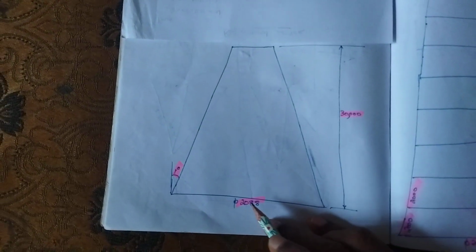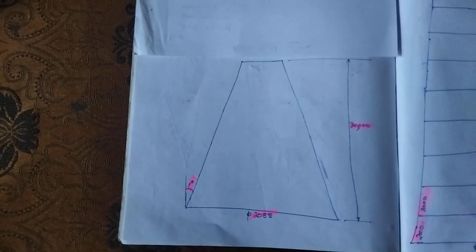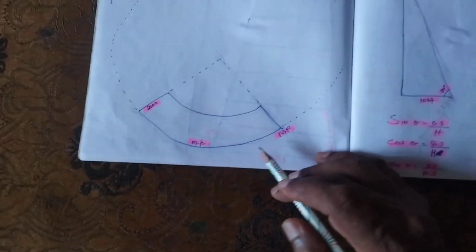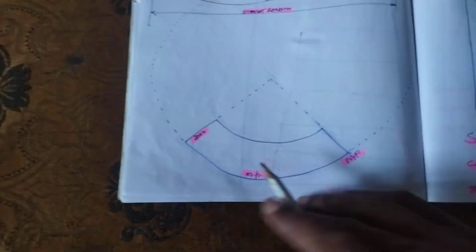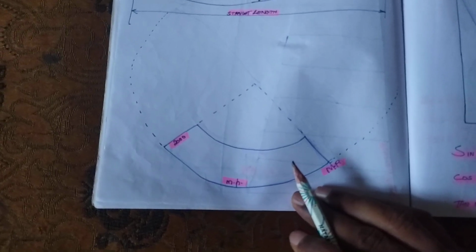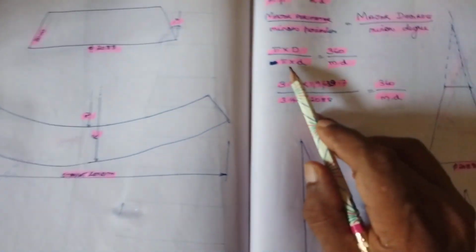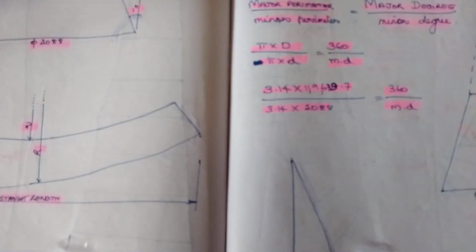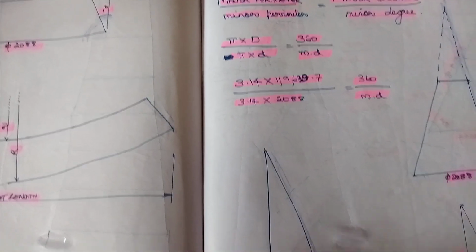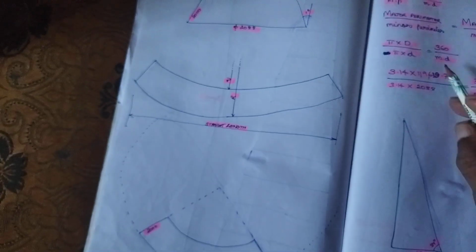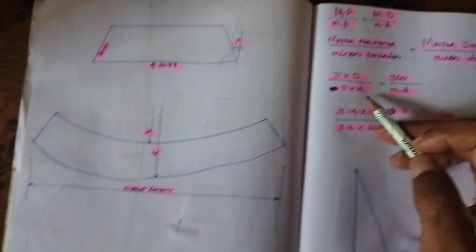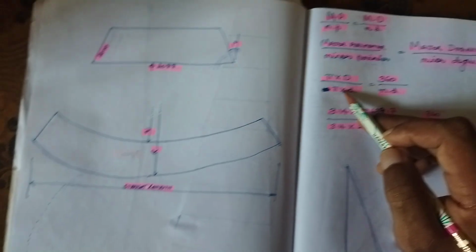If it is so, it will be minor perimeter in this sketch. In this sketch, minor perimeter will be pi into d. Pi has been written already, 3.14, and diameter will be 2088. Okay. If we use these two formulas, we will get a constant measurement.